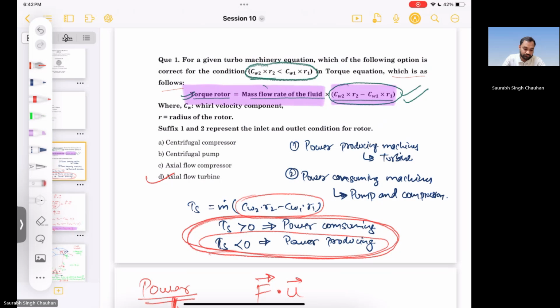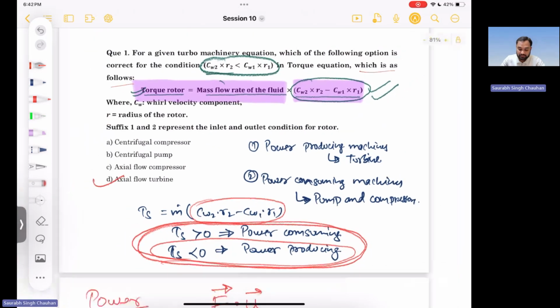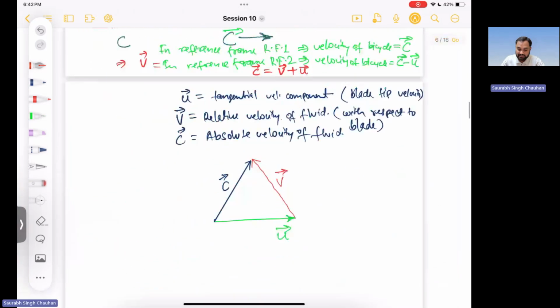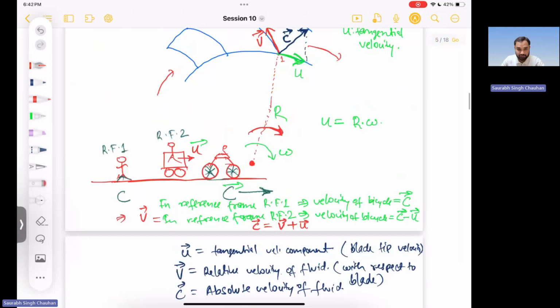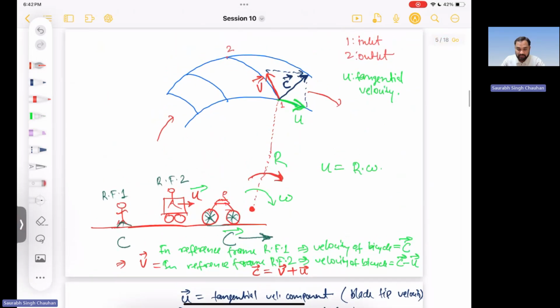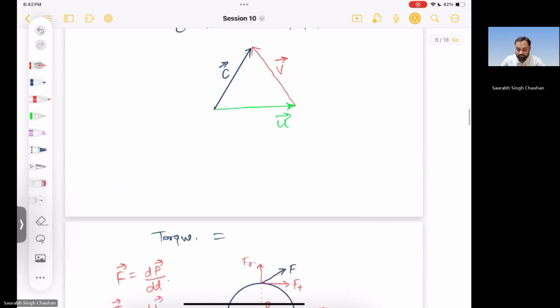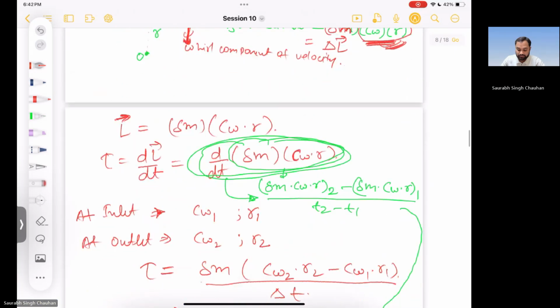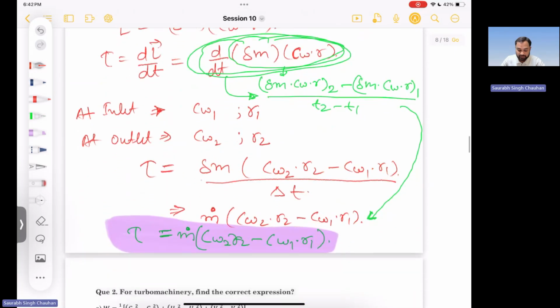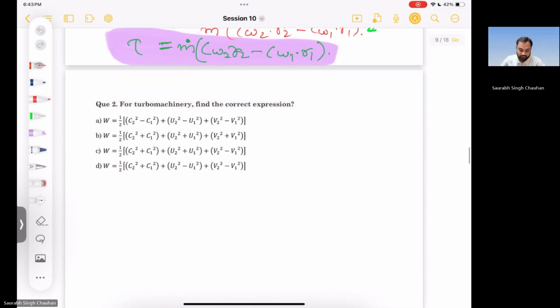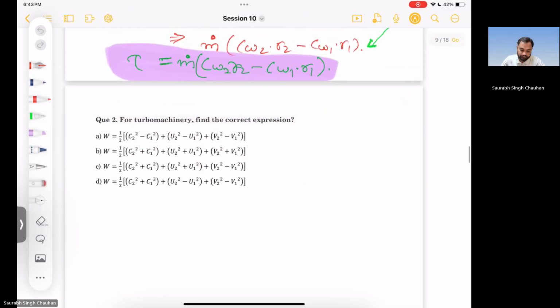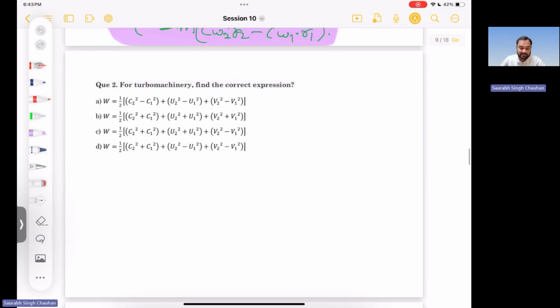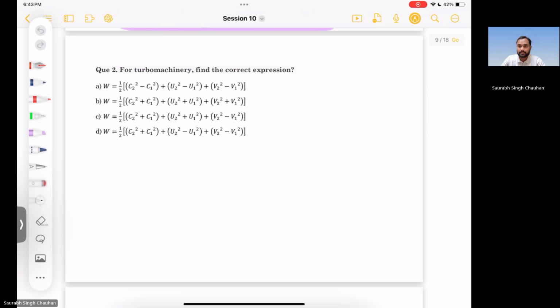So this was very important: these velocity triangles, the concept of reference frame, and how we make the relative velocity vector, the absolute velocity vector, and the tangential velocity vector. And also this equation of the torque. If it is clear, then we will move to question number 2.